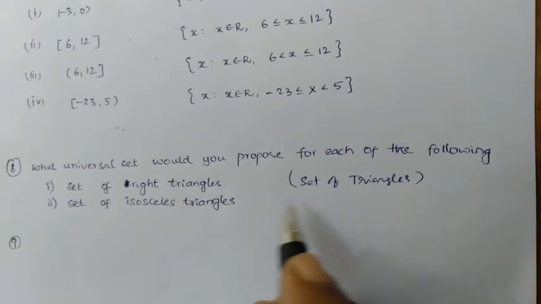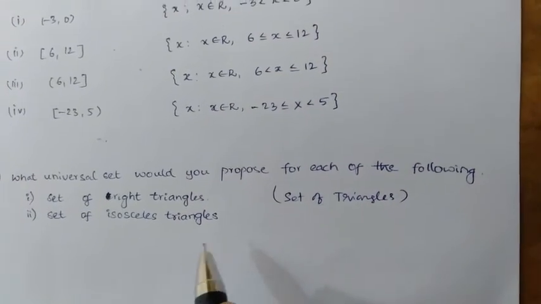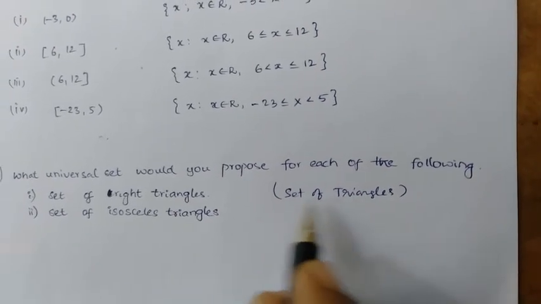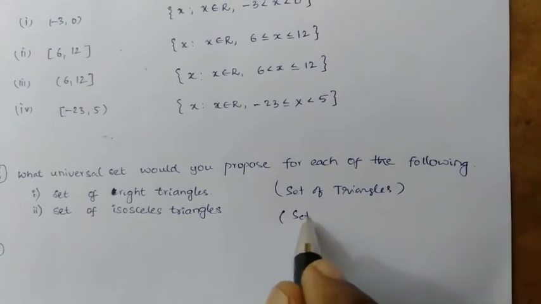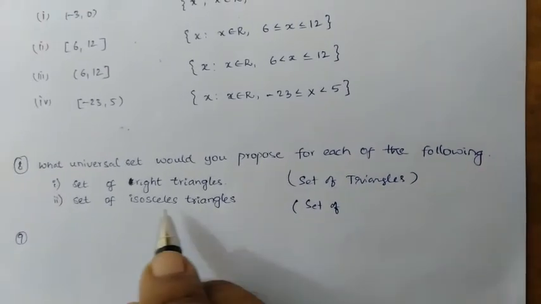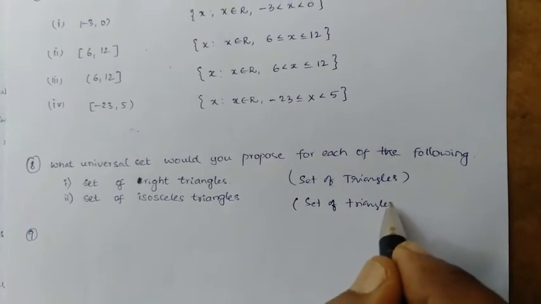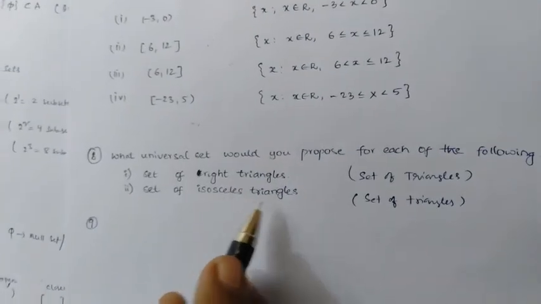So the universal set, I can propose, is the set of triangles. It may be some other set also, so I am giving only one example. Set of isosceles triangles also comes from the set of triangles. Am I right? The set of triangles may be the universal set for the set of isosceles triangles also.